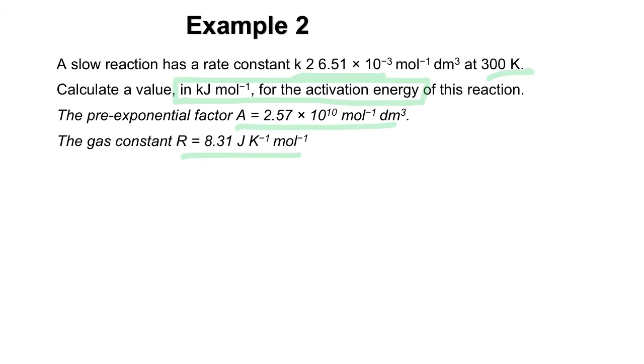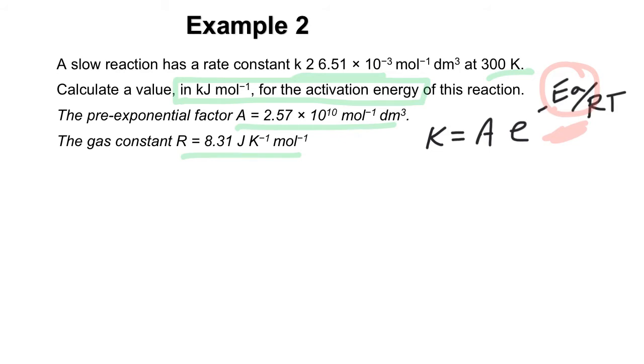The factor you are looking for, EA, is an exponential factor, it is the power of e. So to rearrange it and solve for EA is a bit tricky using this equation. You're better off using the linear form of the Arrhenius equation.